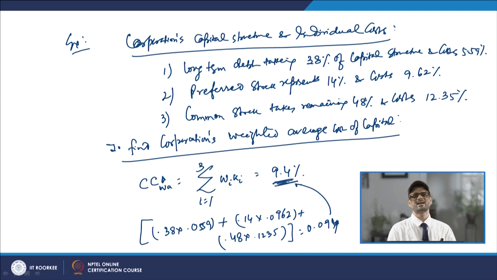If it is less than that, then certainly it will not be able to sustain. If it is able to earn more than that, then the corporation will be able to accept all the investment projects. So, that is the meaning of the corporation's capital structure and individual costs, and based on that, how you find the weighted average cost of capital.